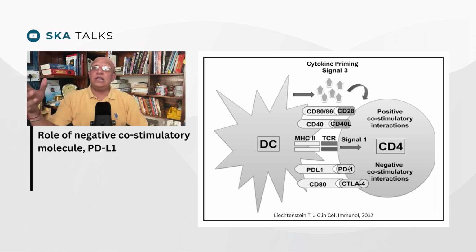And it has been found that in many cancers, these two molecules are highly upregulated. And that's how they suppress T cell activation, and the cytotoxic T lymphocytes are not able to kill the cancer, and that's how cancer survives.